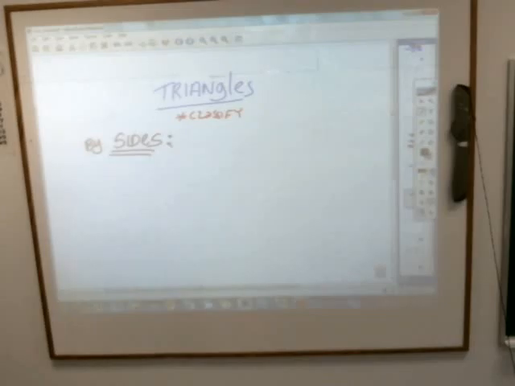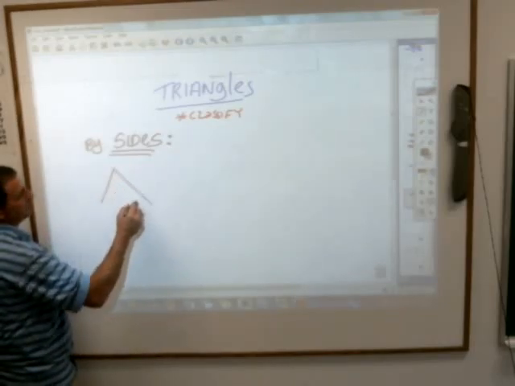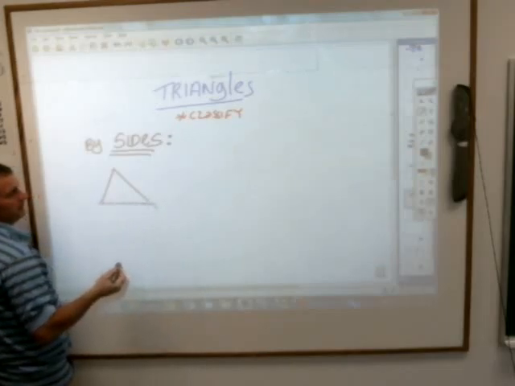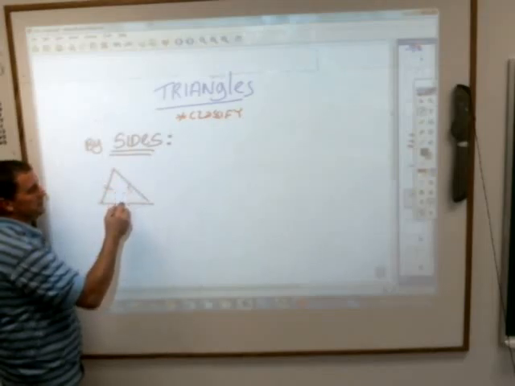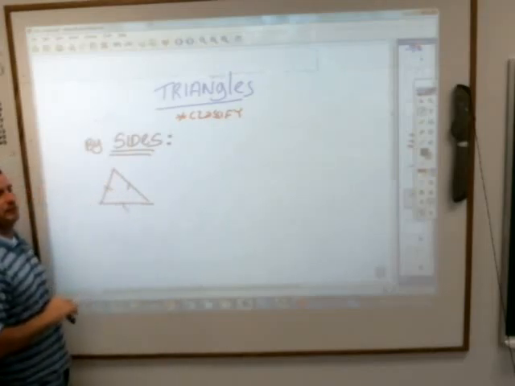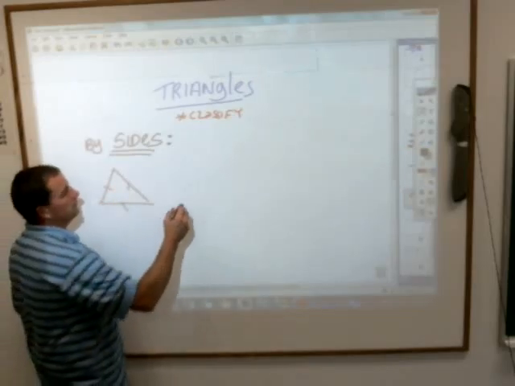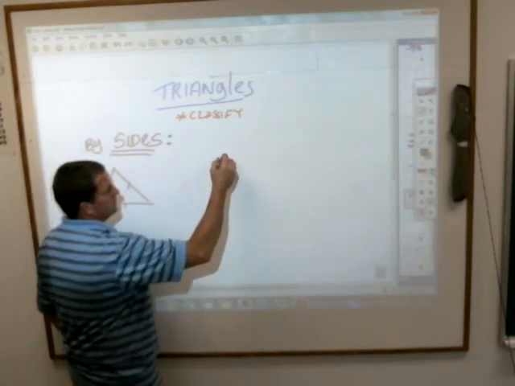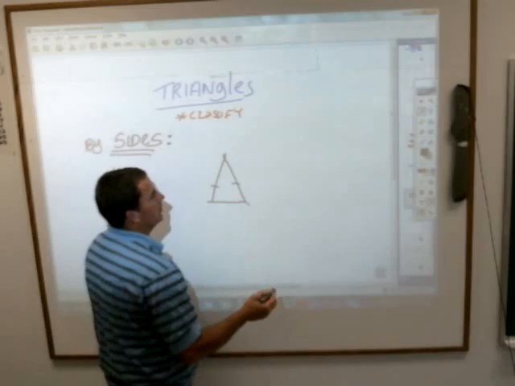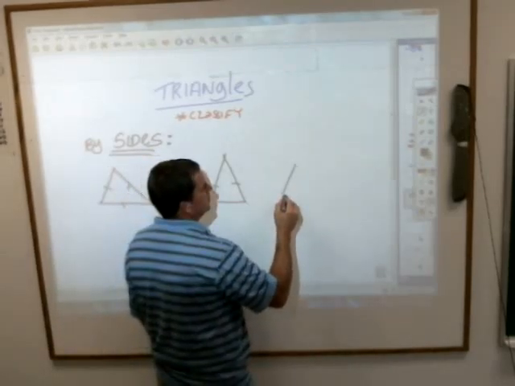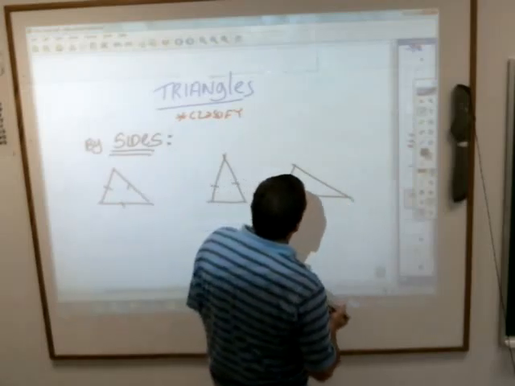When you draw a triangle, either all the sides are equal, and the way that we show that in math, generally speaking, is these little tick marks. If you see a tick mark on all three sides, that means the book is trying to tell you that all three sides are equal. Or you could have just two sides equal, like this, or no sides equal, like that one.